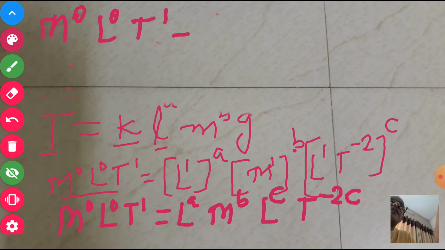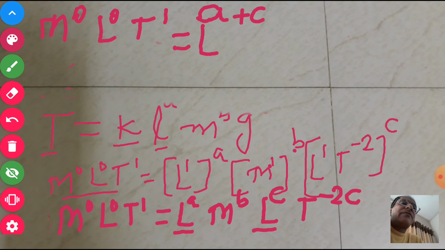Now move towards the right hand side. What is there for L? L raised to a is there and L raised to c is there. Now in multiplication powers are added, so L is raised to a plus c.